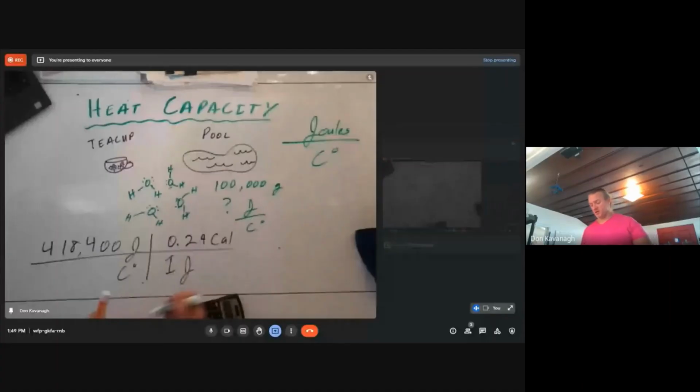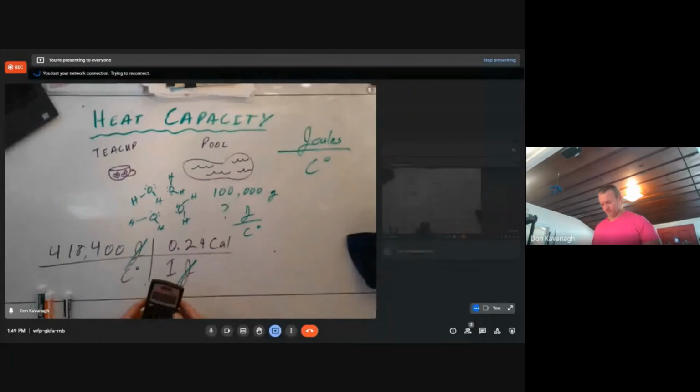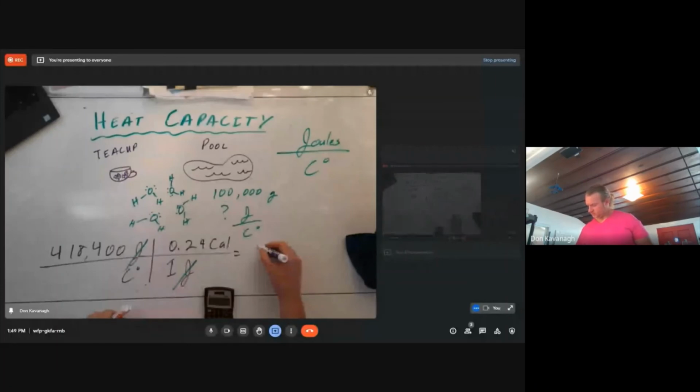So it's still a heat capacity because it's an energy over a change in temperature. That's 416 calories per degree Celsius.